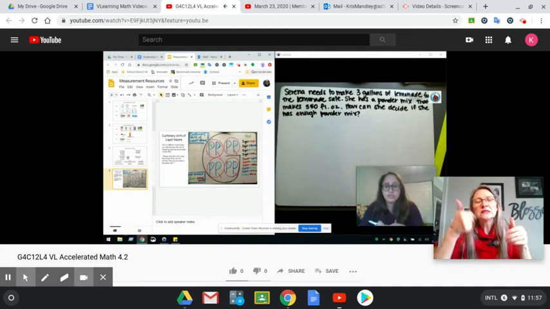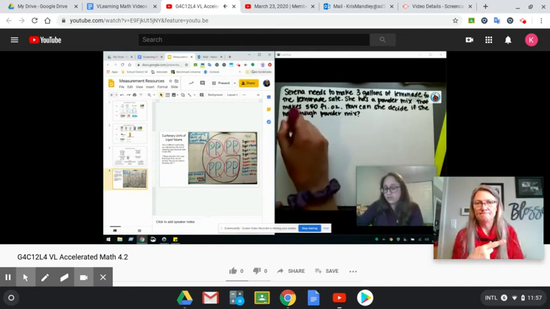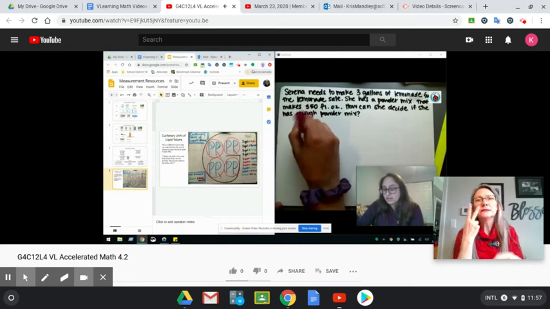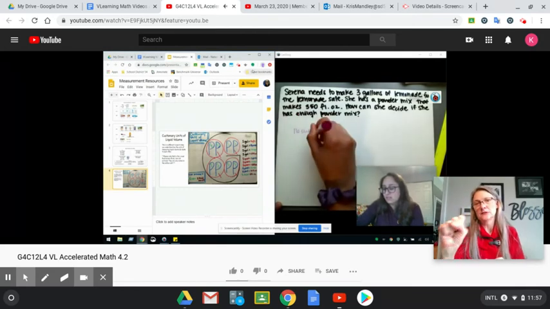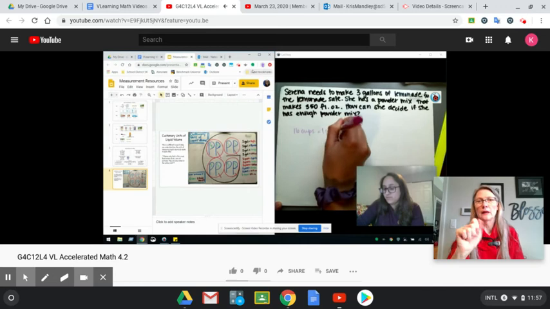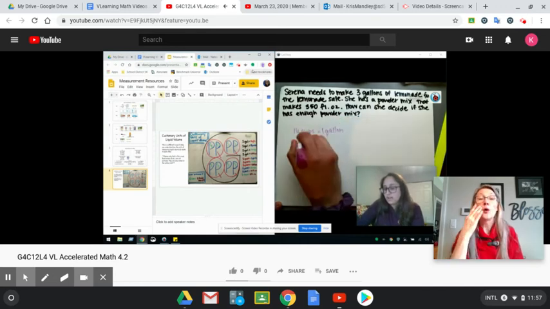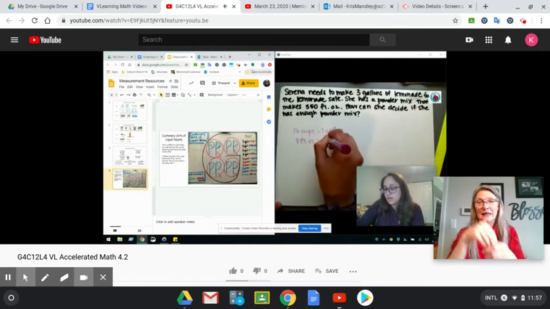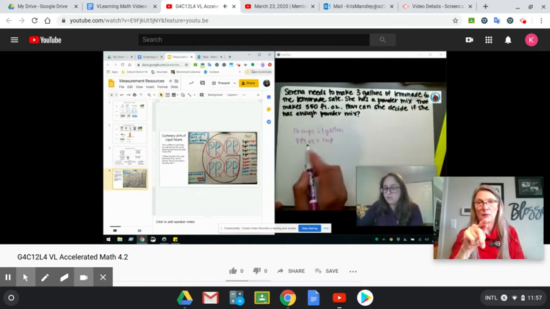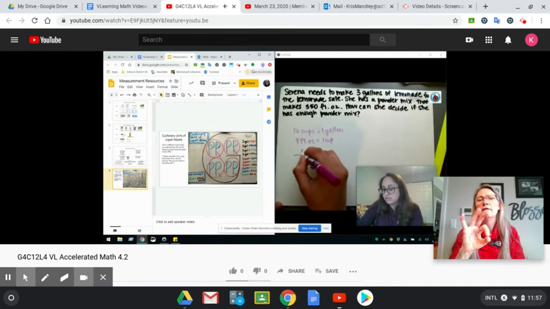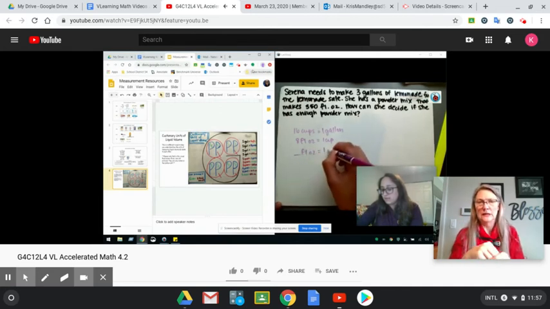So we're going to start by thinking, okay, if there are 16 cups in 1 gallon, and I know that there are 8 fluid ounces in 1 cup, how do I figure out how many fluid ounces are in 1 gallon?